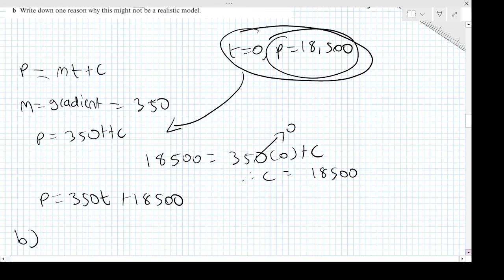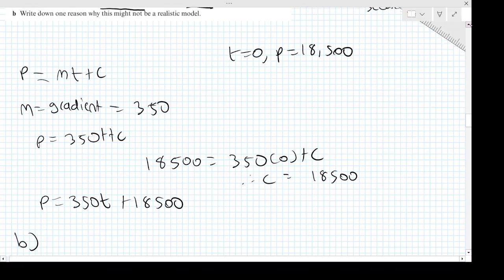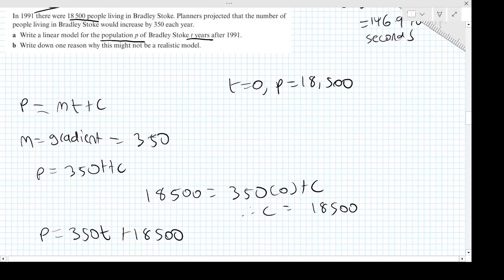Part B. Okay. Part B then. Write down one reason why this might not be a realistic model. Okay. So that's basically asking to be critical, right? Well, think about what this model's saying. It's a line, right? That's telling you the population goes up by the same amount every year. Well, with that in mind, is that realistic?